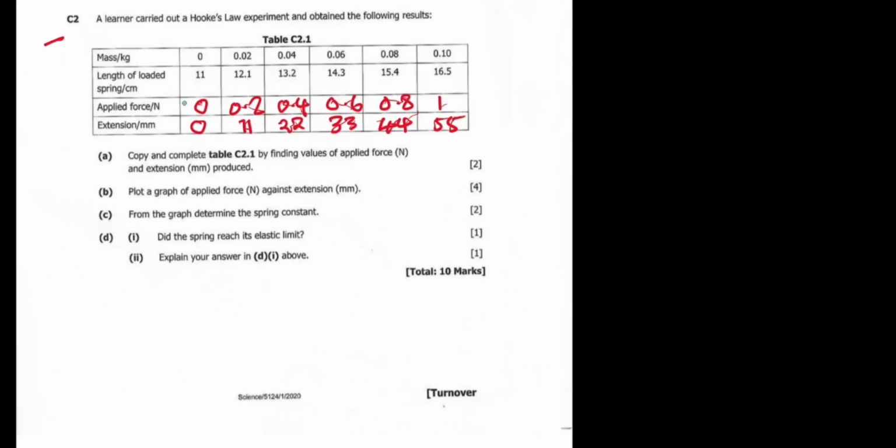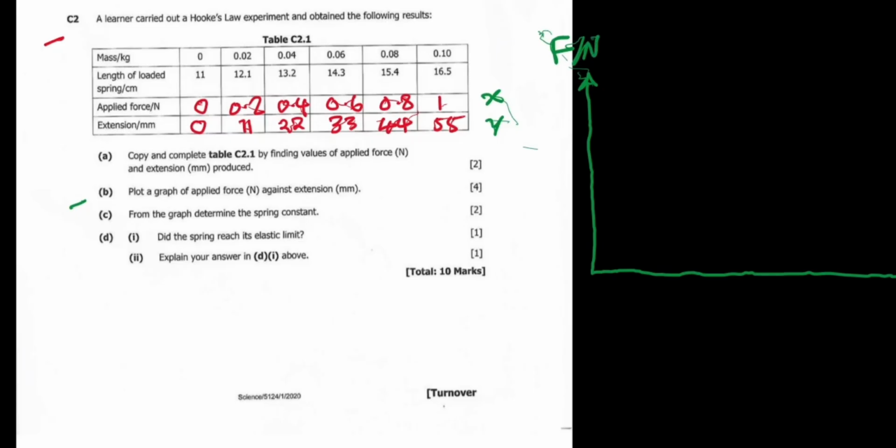Now the second question is to plot the graph of applied force in newtons against extension. So use these values to plot the graph. You can plot the graph like this. So here you're going to have applied force in newtons, and here you're going to have the extension in millimeters.